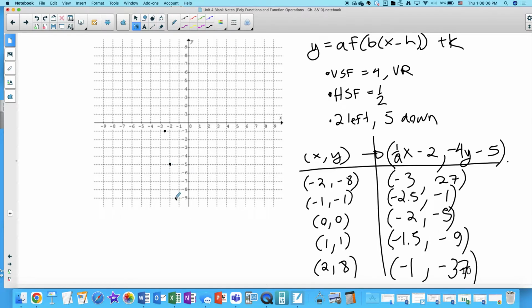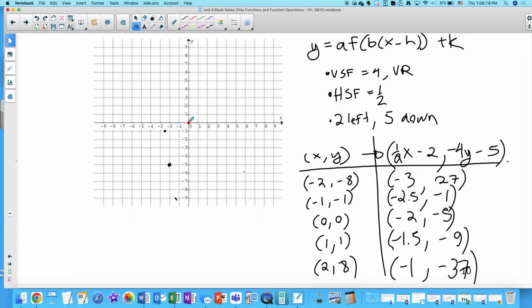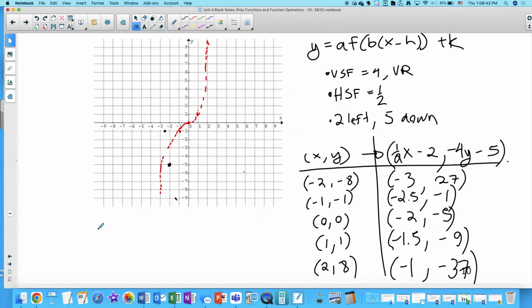Okay, now this is kind of an important point though, wherever the (0, 0) gets mapped to, because if we think about the original, that (0, 0) is where it sort of flattens out. So I sort of want it to flatten out a little bit over there as well. It's a very, very steep slope though, so it's going to be hard to show, but let's see. It's going to go through there.